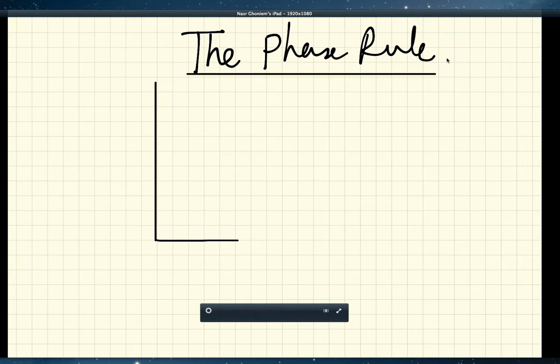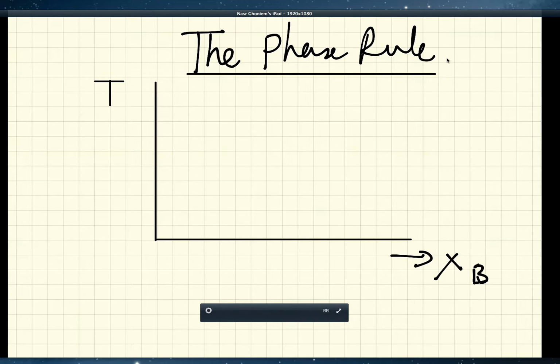Let's say that I have a piece of the phase diagram that looks like this, and this is the temperature versus the concentration X sub B, because we have two elements, let's say, and we have the concentration X of one of them.